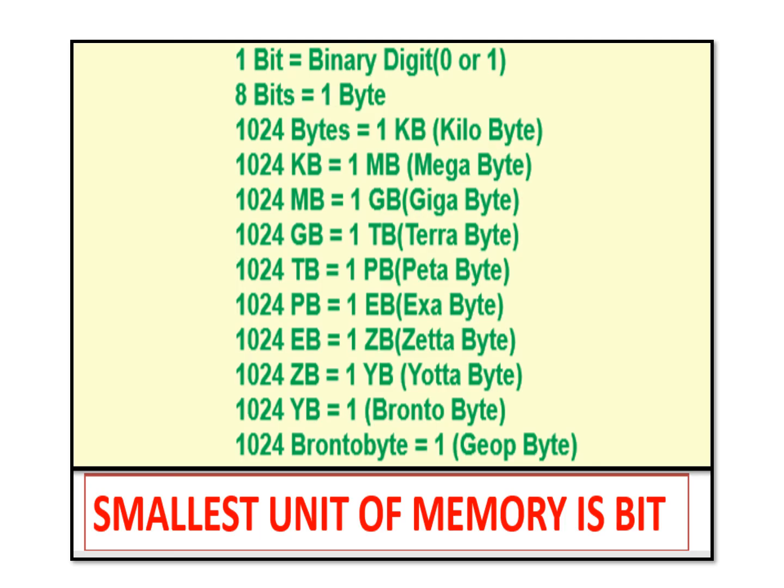We are working on 1024 bytes. It's known as 1 KB, 1 kilobyte. Now after 1 kilobyte comes 1 megabyte, then 1 gigabyte, 1 terabyte, 1 petabyte and so on. The largest unit of memory is gigabyte.